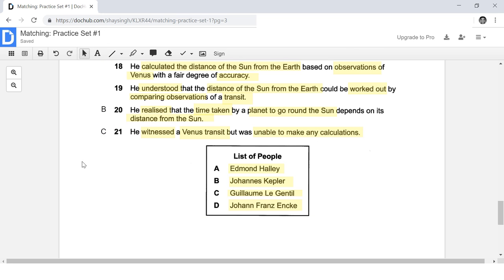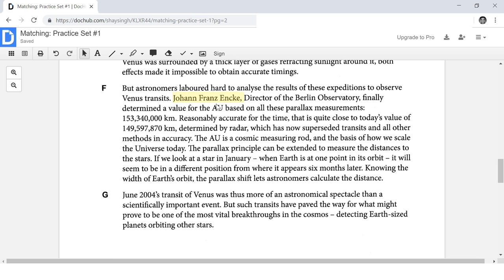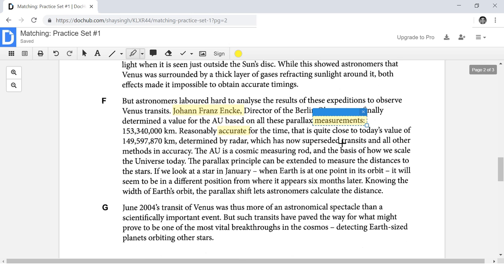Number 21 is C. Now let's knock out Johann Franz Encke, option D. Let's see which one that matches up with. That appears right here. It says, Johann Franz Encke, director of the Berlin Observatory, finally determined a value for the AU based on all these parallax measurements. I am looking for keywords related to accuracy, measurements, something to do with perhaps distance.